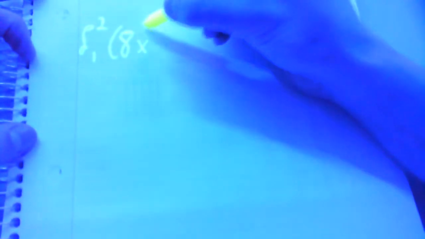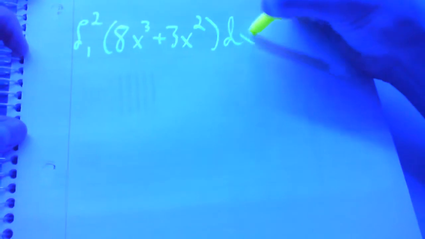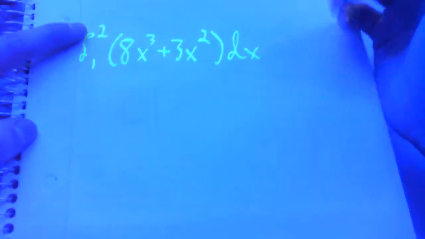Well, I present to you the integral from 1 to 2 of the function 8x cubed plus 3x squared dx. Now what we're going to do with this is use essentially the power rule of integrals, is how I would best describe it.